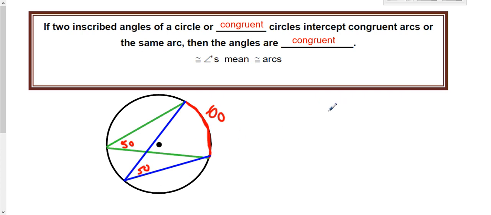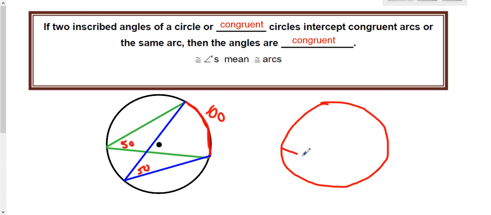And it could be just equal arcs. If I had another picture here of a circle, and I had this angle right here intercepting this arc, and then a blue angle, maybe intercepting an arc over here.